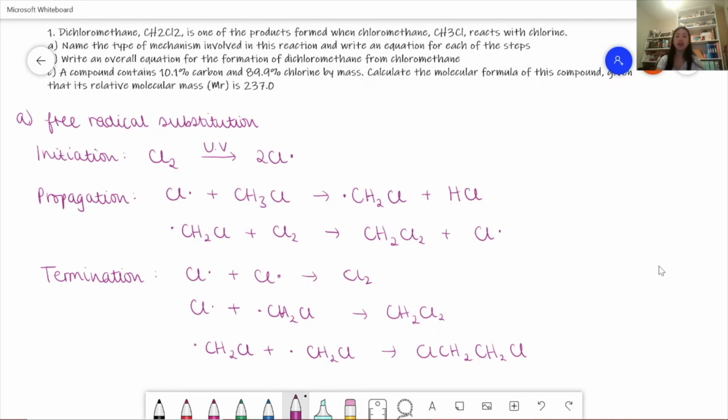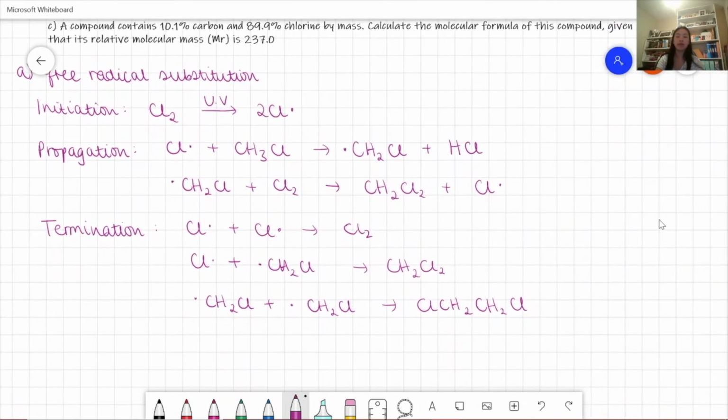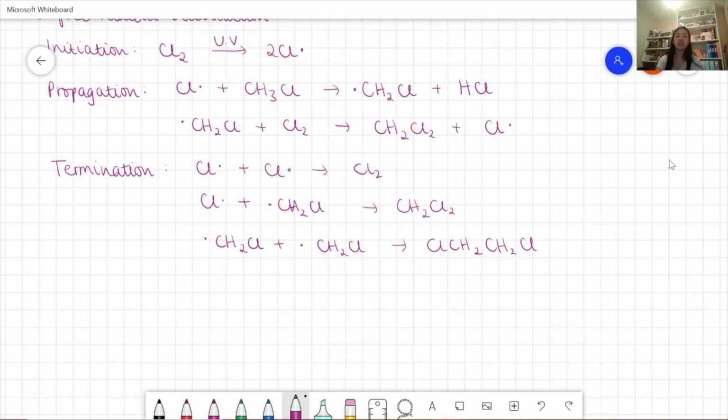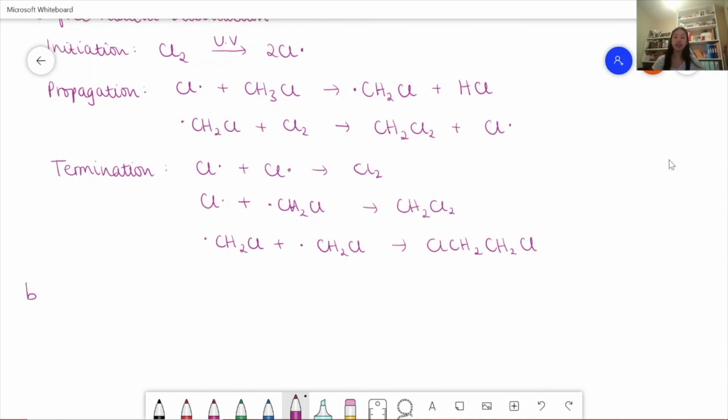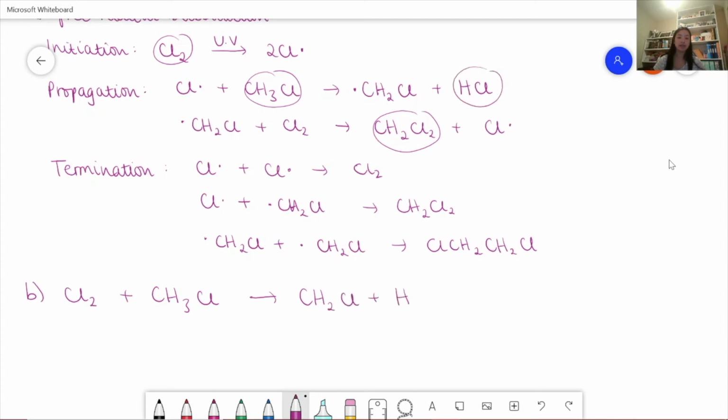For B, write an overall equation for the formation of dichloromethane from chloromethane. Okay, so we basically just combine all of these equations together, just the propagation ones. So we start off with chlorine, and we add it to this chloromethane, CH3Cl, and this goes to form this dichloromethane and also hydrochloric acid.